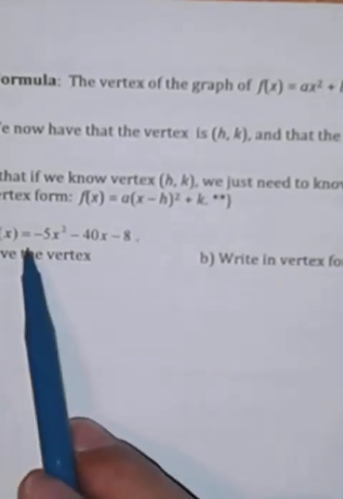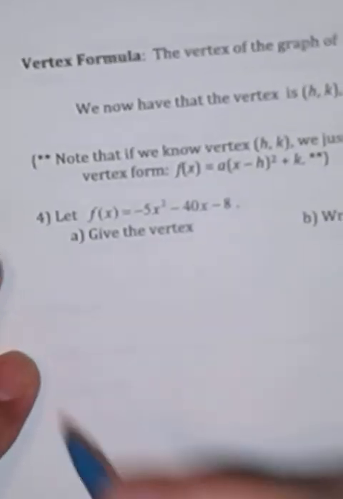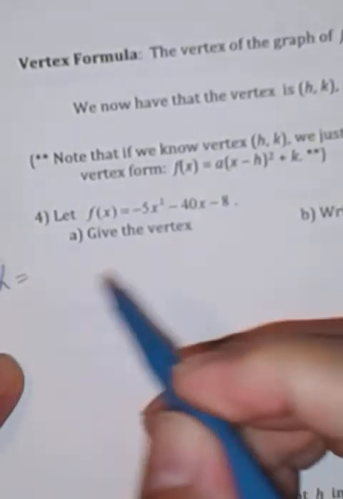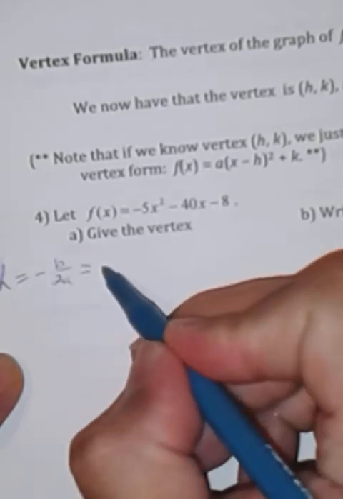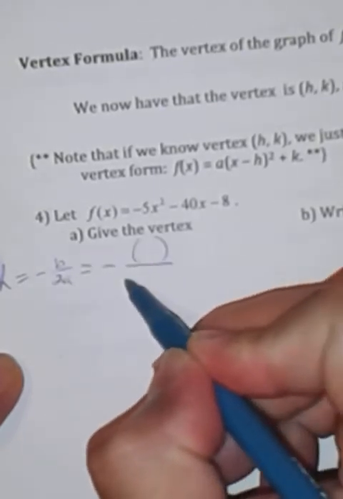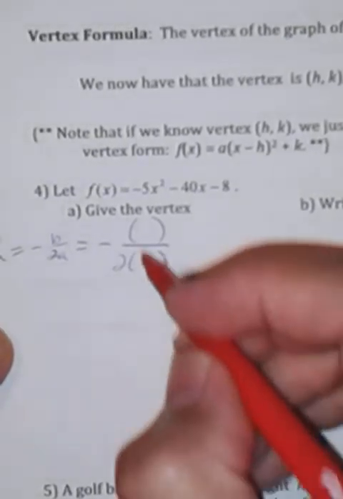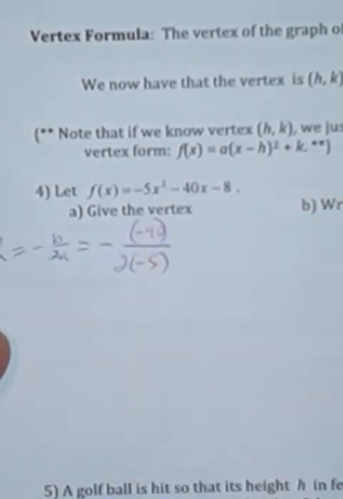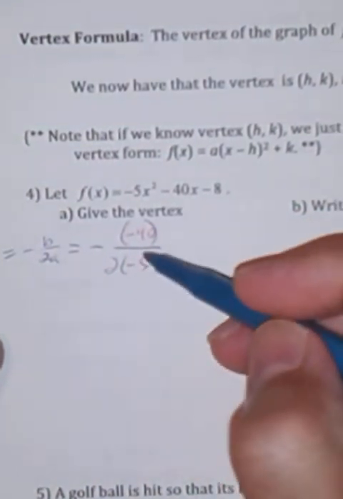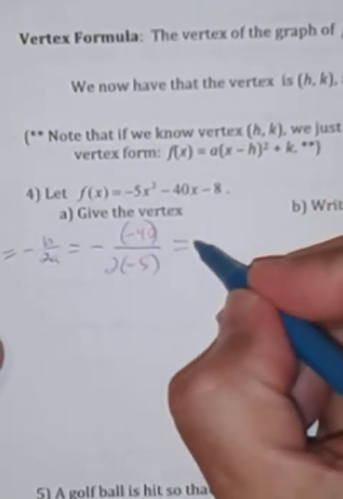Okay, so let f of x equals negative 5x squared minus 40x minus 8. Give the vertex. So then h is negative b over 2a. That'll be negative of whatever b is over 2 times whatever a is. I'm going to plug in those numbers. B is negative 40. A is negative 5. Notice there's 3 negatives, so my answer is negative. And then 40 over 10 is 4.